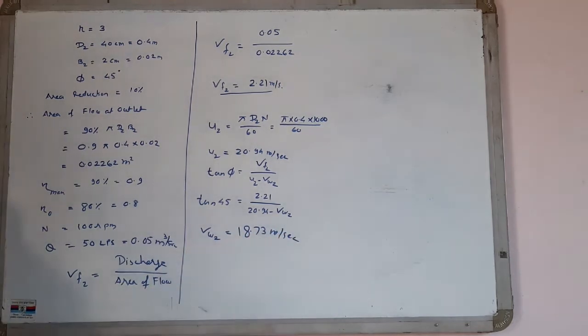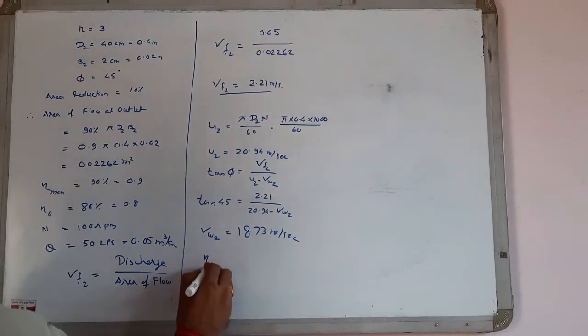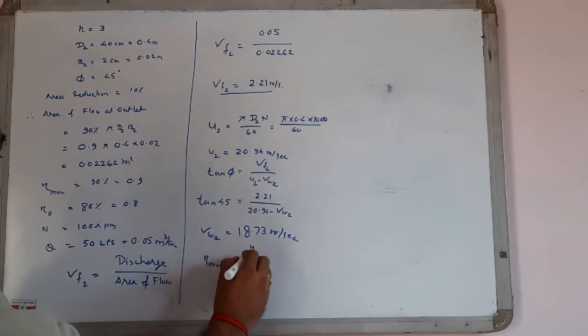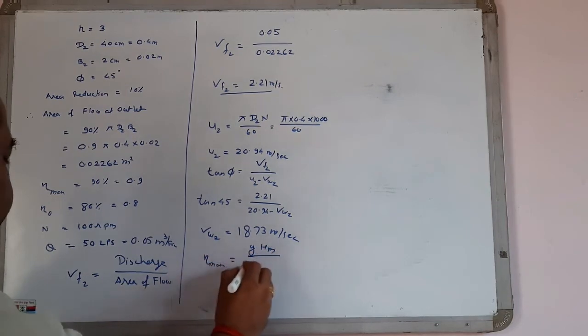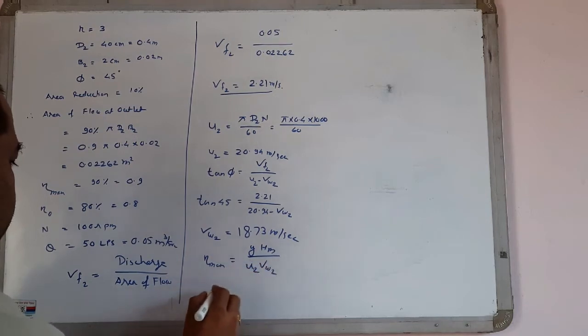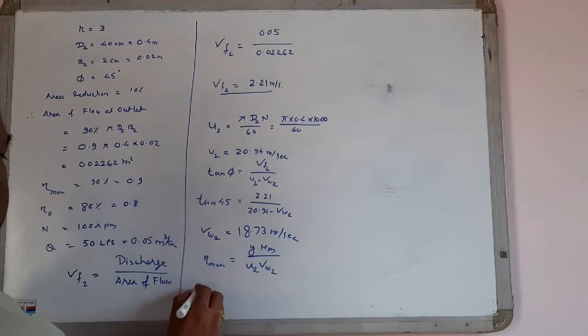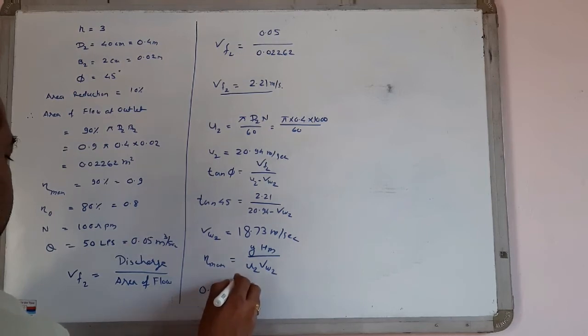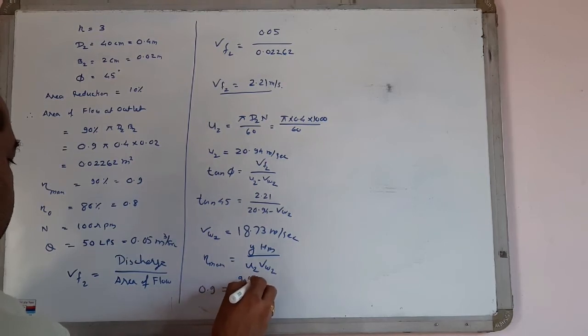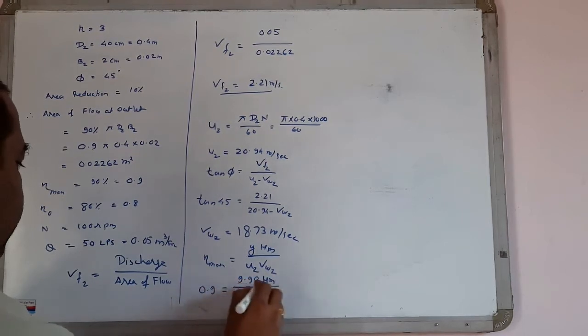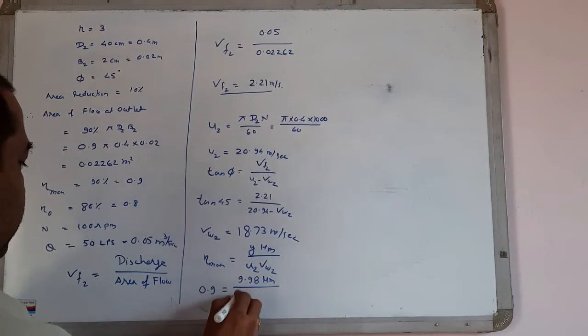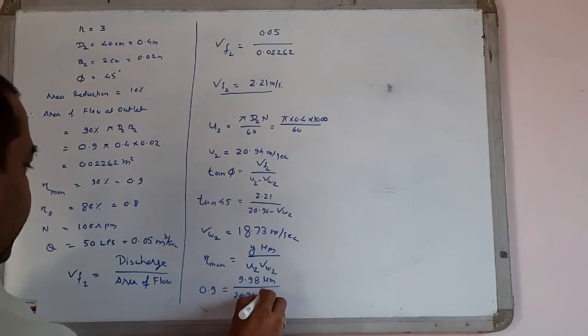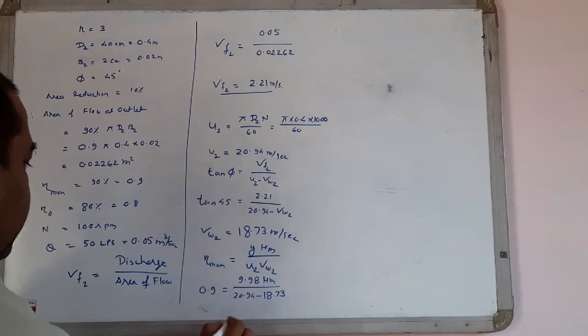Now eta manometric equal to g HM by U2 VW2. Eta manometric is given 90%, g is 9.81, HM we have to calculate, and U2 is 20.94, VW2 is 18.73.